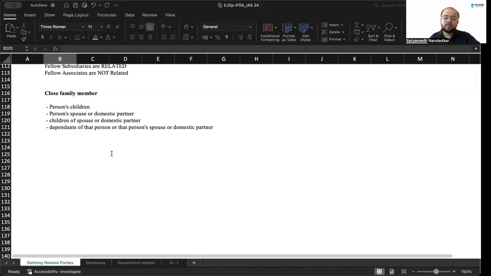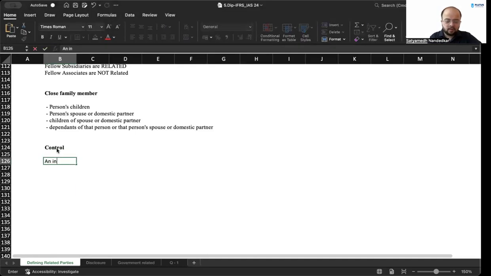Okay. Now the term control is going to be discussed in far greater detail when we do consolidation. But for now, for your understanding, let me just put control in simple terms for you. How do you define control?